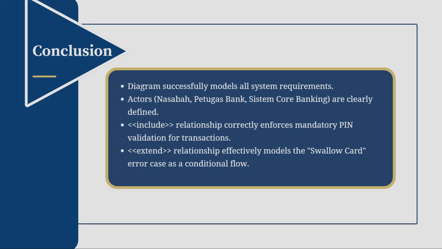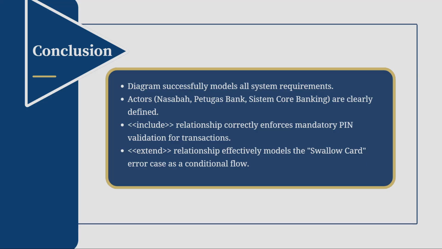Okay, so to conclude my presentation, this diagram successfully models all the requirements from the study case. We have identified our three distinct actors and their specific roles: the nasabah as the user, the petugas bank as the maintainer, and the system core banking as the validator. We model the customer's limited goals with the withdraw cash and check balance use cases.